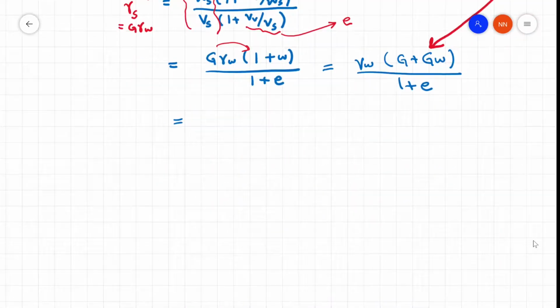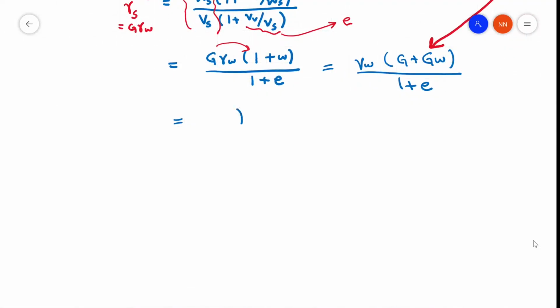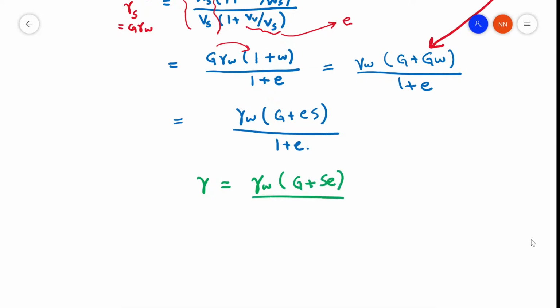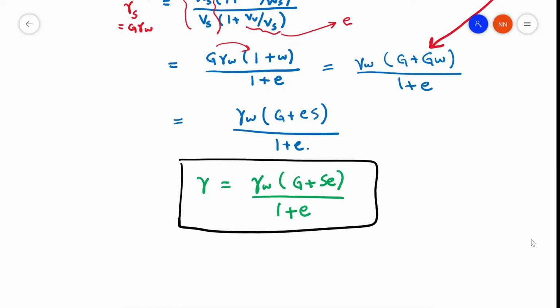What we get is gamma W times G plus ES over 1 plus E. So what we need to memorize is that any type of unit weight can be represented as unit weight of water times G plus SE over 1 plus E. Now we can have various types of unit weight and we can derive all of them from this one relation. Note that this is the expression of total unit weight that we have derived here.